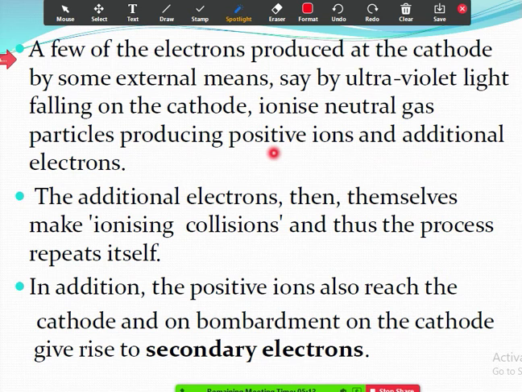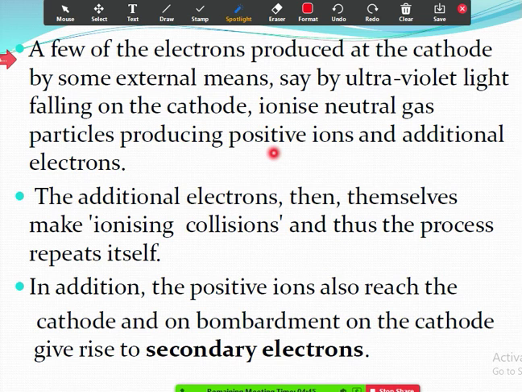When UV light falls on the cathode, because of the power of UV light, it will create some initial number of electrons. Those electrons are accelerated by the electric field, and those electrons collide with the atoms in between, and those collisions will create a few more electrons, and those electrons will again accelerate and collide with a few more atoms.